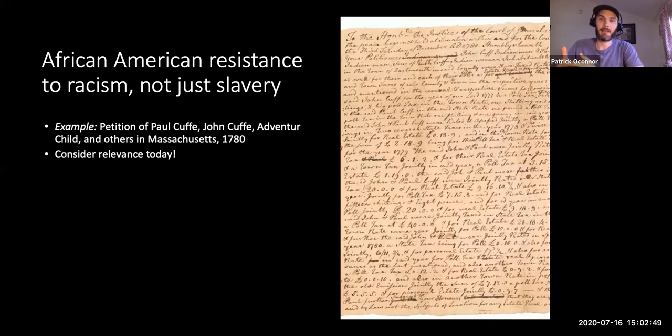You can't expect the sacrifice unless there is some sort of benefit, unless there is some sort of privilege for being a member of this political community. This is what they're saying. And again, I think it's an incredibly relevant argument today, and it remains a relevant argument all through the history of African Americans in the United States since 1780.